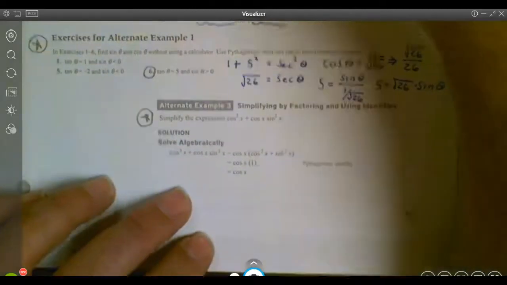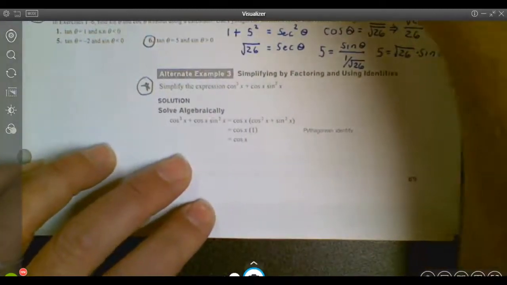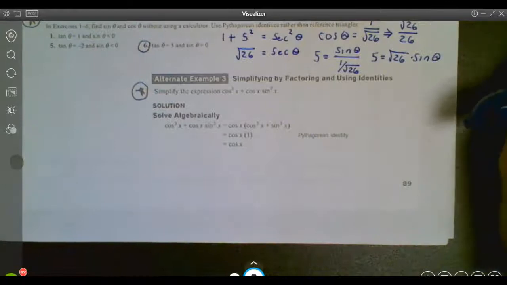All right, let's jump down here to this guy. So simplify. In these cases, we're going back to some basic factoring techniques. If you look at this expression, we have cosine to the third of x plus cosine sine squared x.